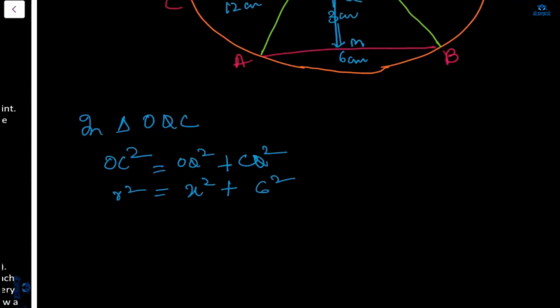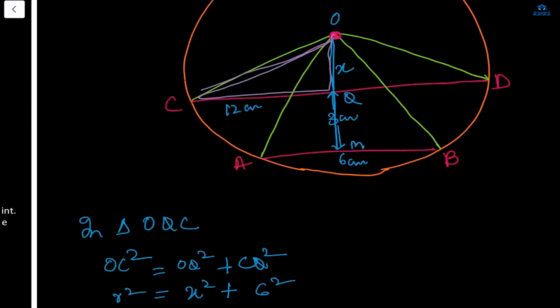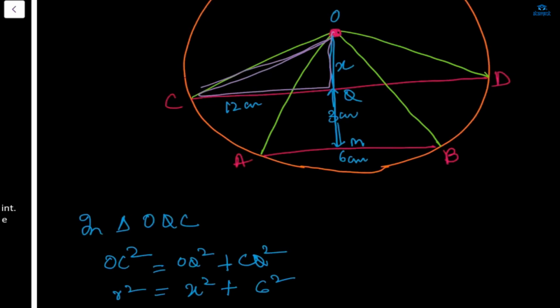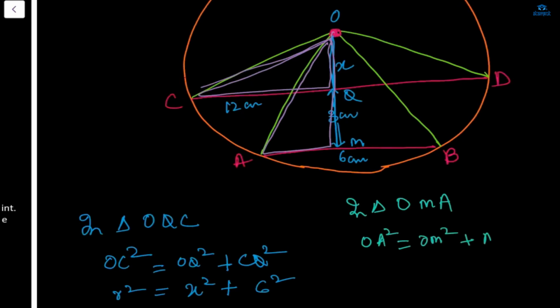Okay, now similarly, in triangle, I'm taking different color here only. Triangle OMA. OMA. Which one is OMA? This one. This one is OMA. Okay. In triangle OMA, OA square is equal to OM square plus AM square. Okay.